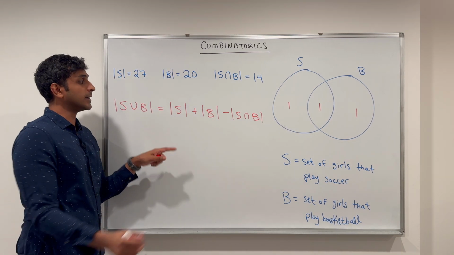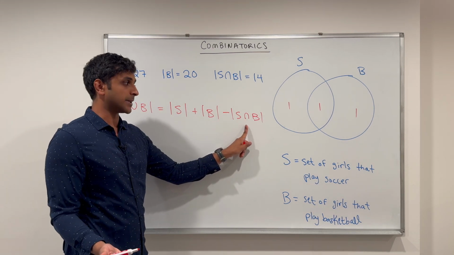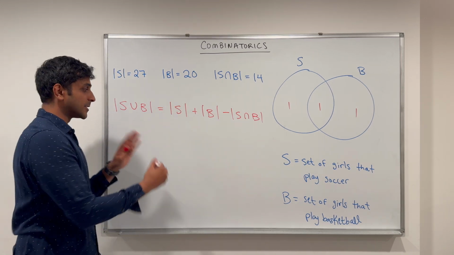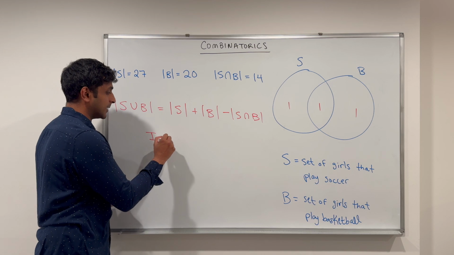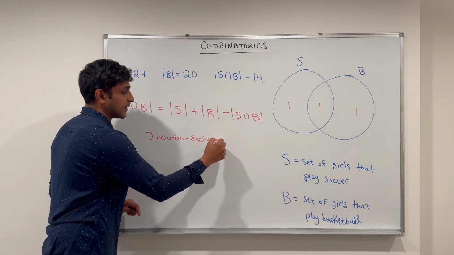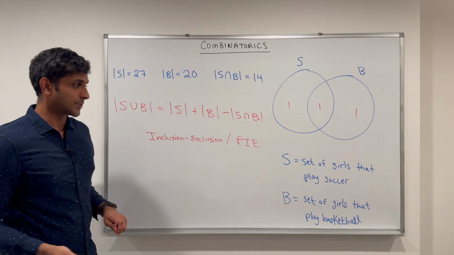So you start by including S and B and then excluding S intersection B to correct the count. So because you're including and excluding, this principle is actually called the principle of inclusion-exclusion, or commonly called PIE for the principle of inclusion-exclusion.